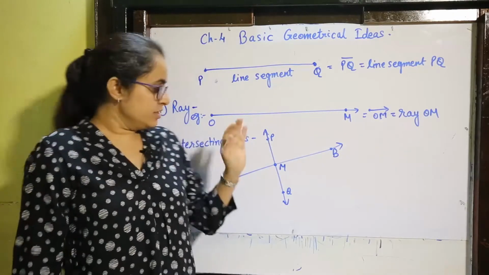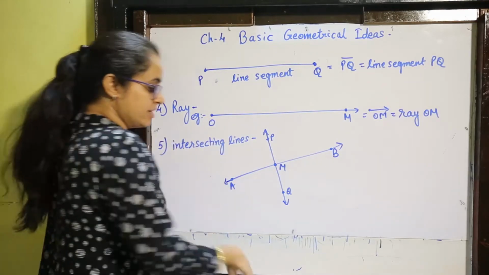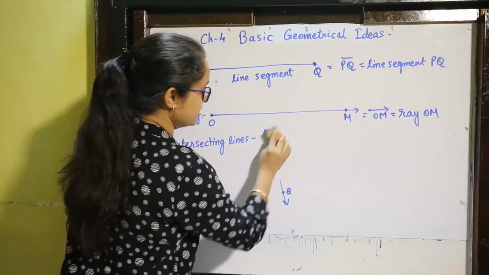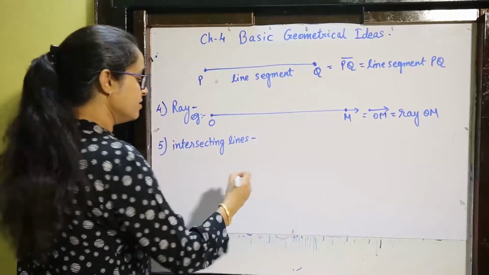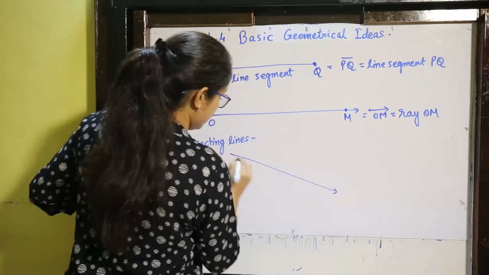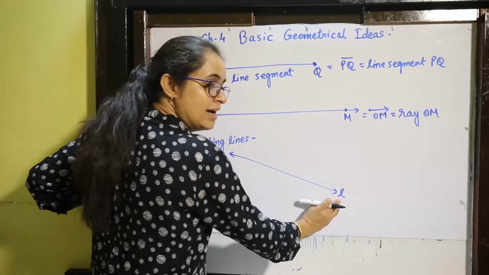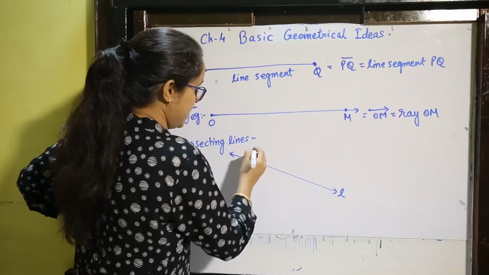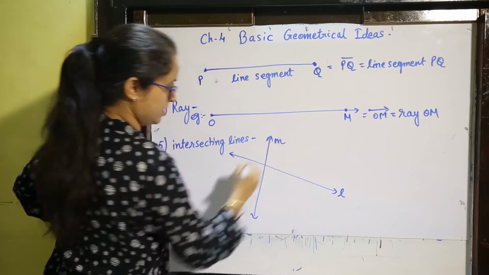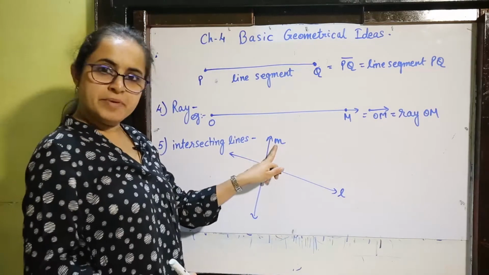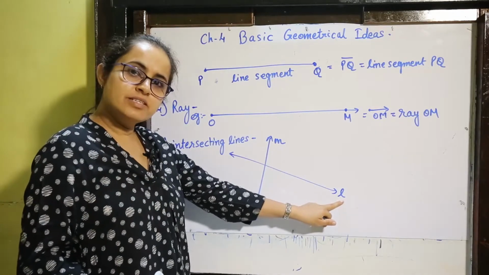So this is an intersecting line. I have shown you two intersecting lines. Even this line can be shown like this. When you represent a line, suppose this is line L, and suppose this is line M. The whole line can be represented by a small letter. So this line can be represented with a small letter, and this line also can be represented with a small letter.